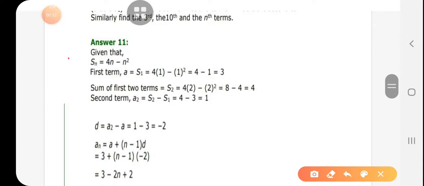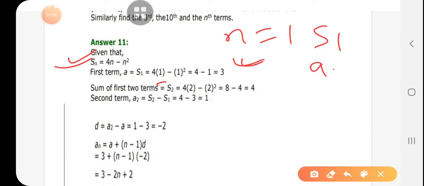As Sn is already given as 4n minus n square, just put n is equal to 1. When we put n is equal to 1, it will be S1, and here 4 into 1 minus 1 square, so 4 minus 1, that is 3. So S1 and a1 are the same, the first term and the sum of the first term, both values are the same.